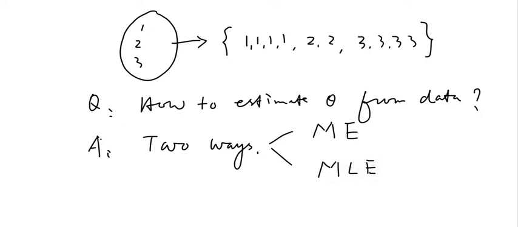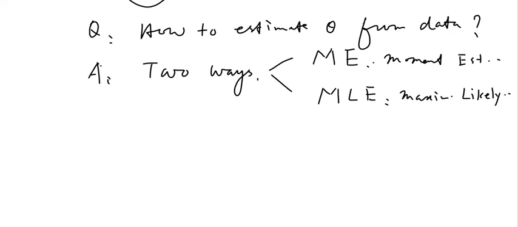ME means moment estimate, and in MLE, M is maximum and L is likelihood, so maximum likelihood estimation. What do they mean? For the moment method, we use the sample moment, denoted mu k hat, to estimate the population moment mu k.